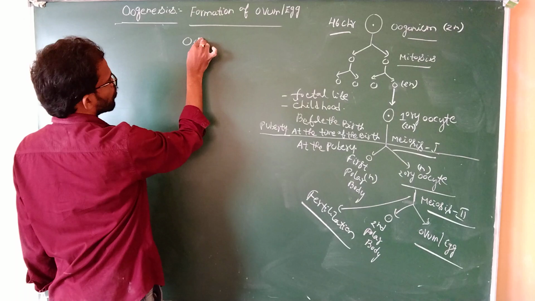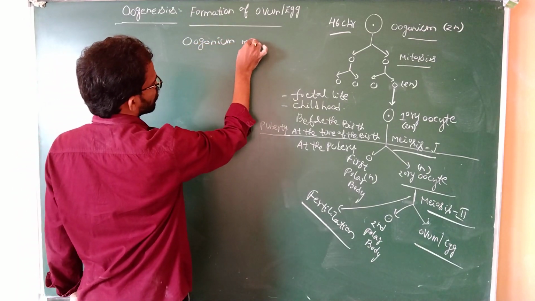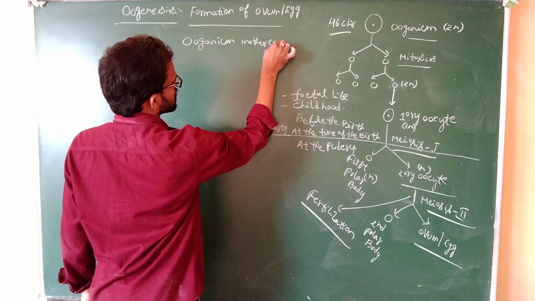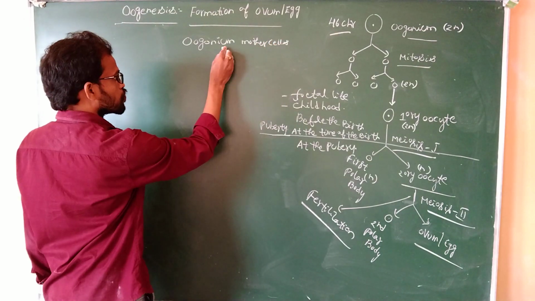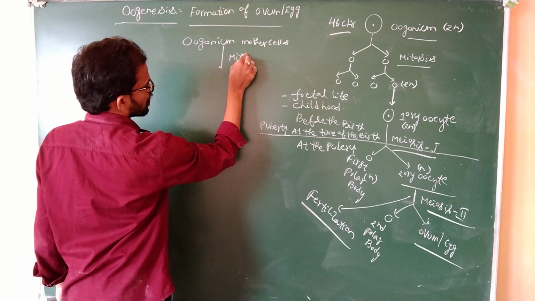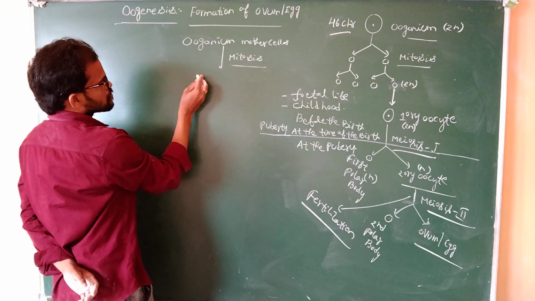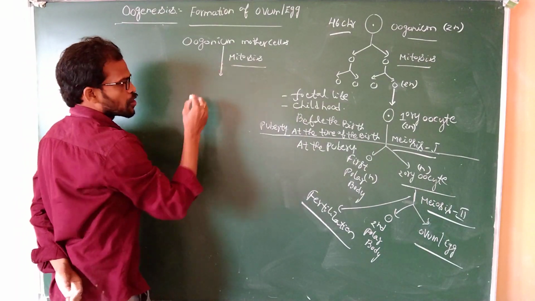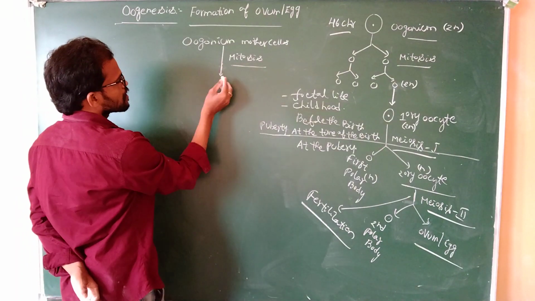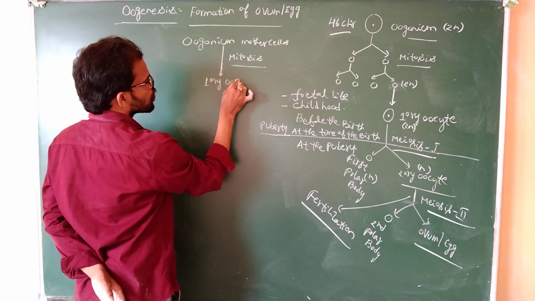First, oogonium mother cells participate in the mitosis process. They continuously divide and produce the primary oocyte.